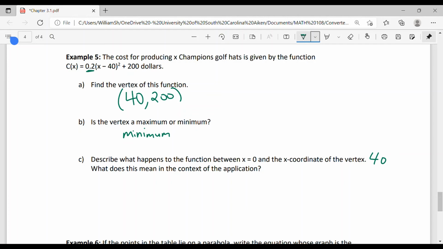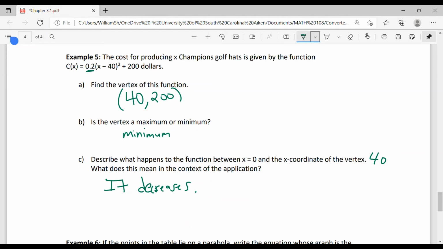So what happens to the function? It decreases.